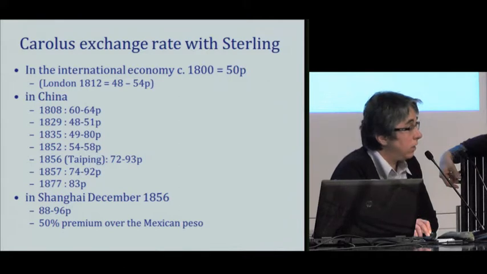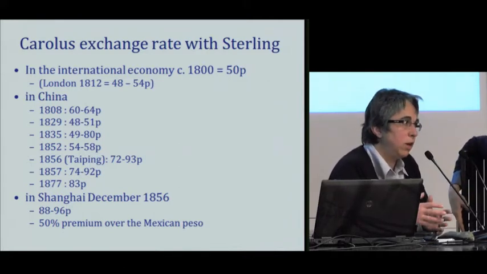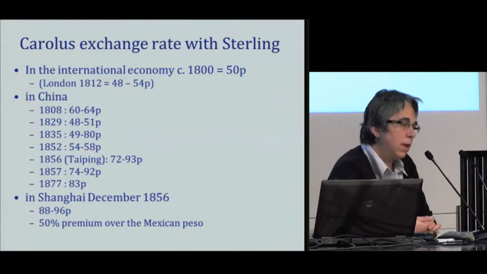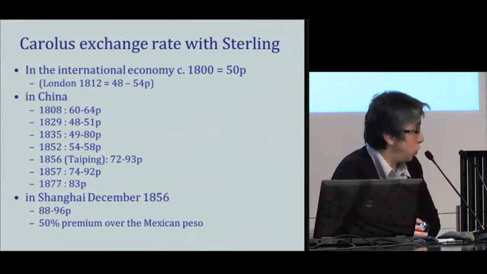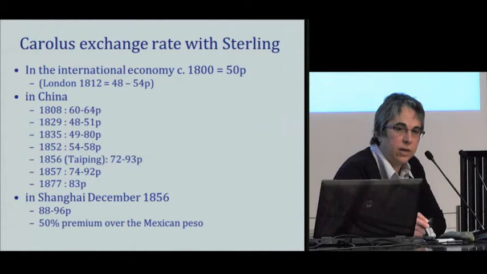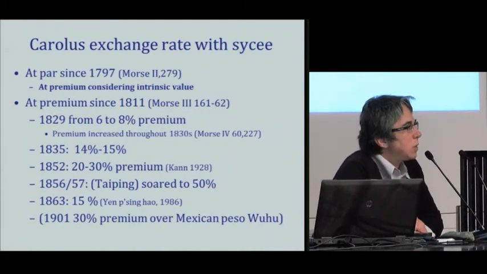By the 1850s, Mexico has managed to establish a standard, stable, acceptable coin, the Mexican peso, that is not yet well received and is traded at a 50% discount to this Carolo that is becoming more and more a unit of account because it is not physically available. But the same happens with silver sycee, not just with the sterling.